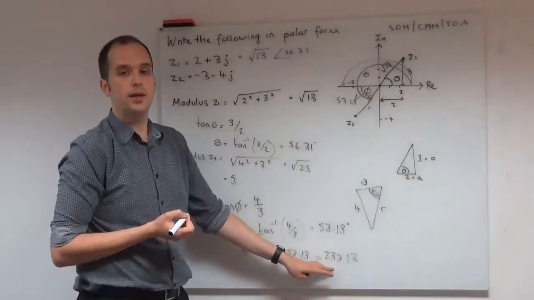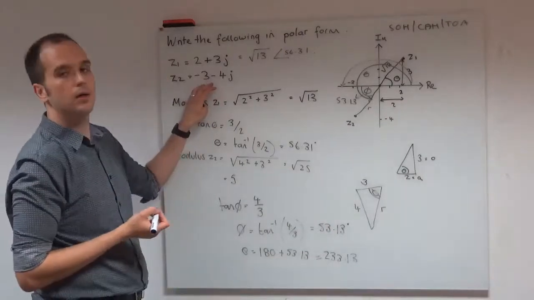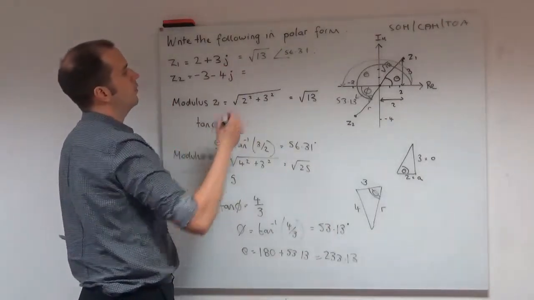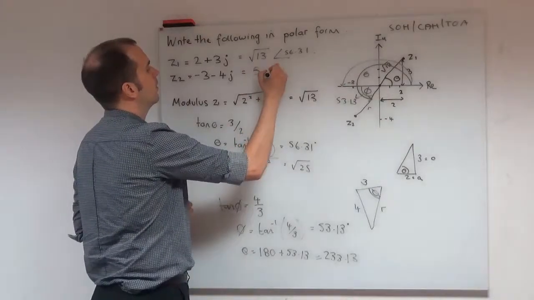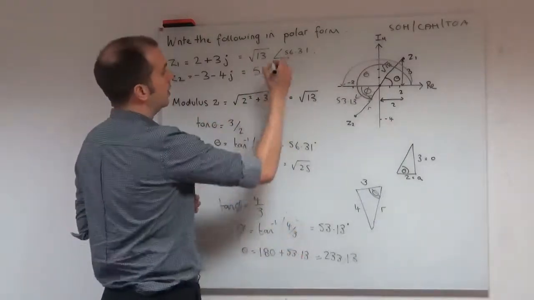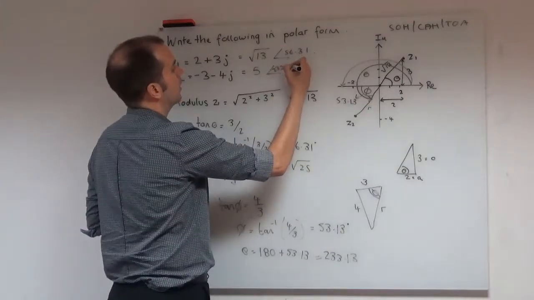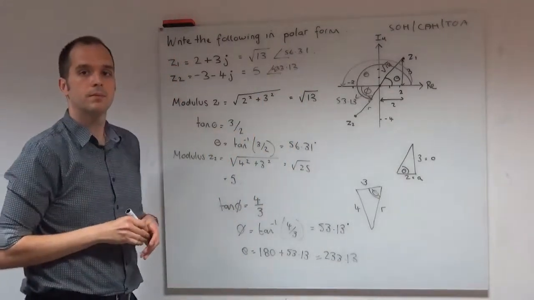And that is the argument for this complex number. So in polar form, minus 3 minus 4j can be written as 5 with an argument of 233.13. Thank you for watching.